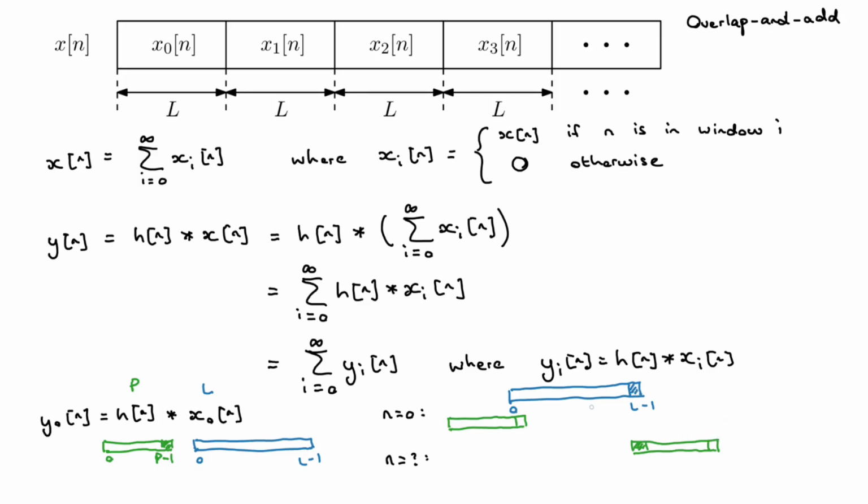Think about that for a second. The last point: we start at n equals 0, then we move this up to L minus 1, but then we continue until we reach this point. And that is the last sample that we will get for y0.